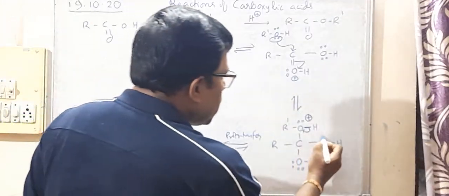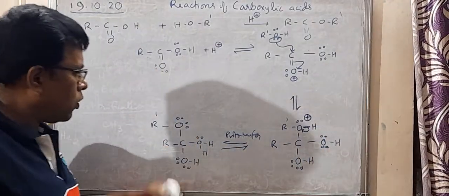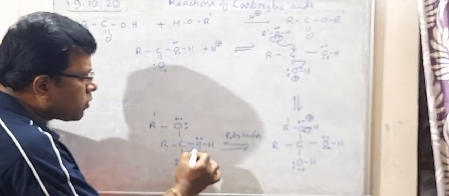Here there were two lone pairs. Now there is only one lone pair, and this O will become positive.